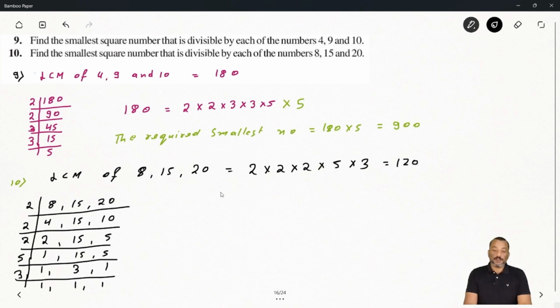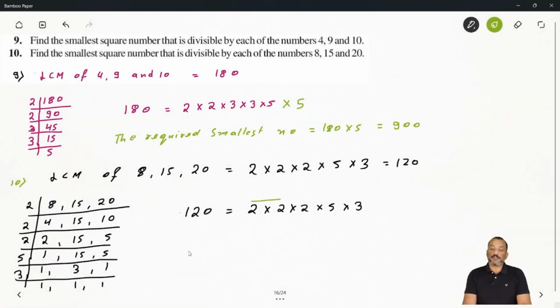So same way we will do the 120 prime factorization. If you want, you can do the prime factorization. Otherwise, you can check here which numbers in 120 are unpaired. So you can write like this. So to make a pair of this number, by which number can we multiply?